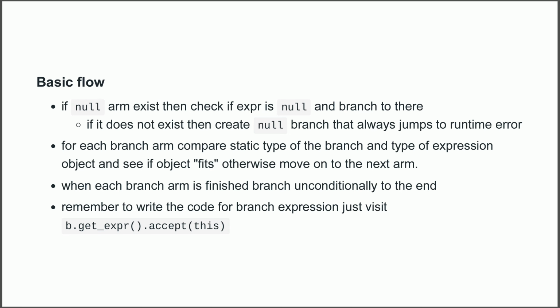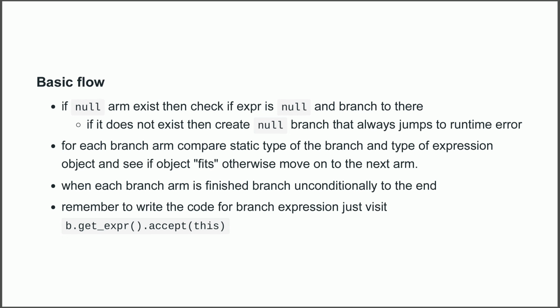Either way, you need to branch to the end of the type case, so you should have a label at the end of the type case that continues, and then you branch to the done label. Otherwise, continue. And then for each arm, you need to do the type checking.